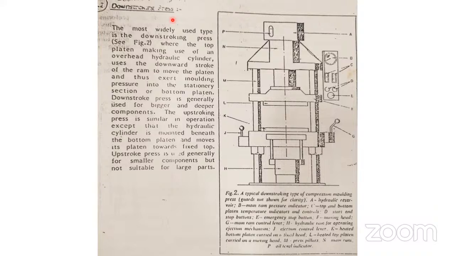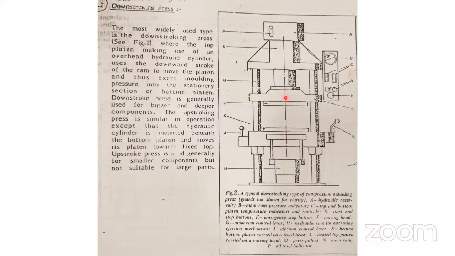Can anybody tell me which type this press is, downstroke or upstroke? Here it is written downstroke. Yes, it is a downstroke because see, this is a piston here, and this is a platen, it is coming down here.